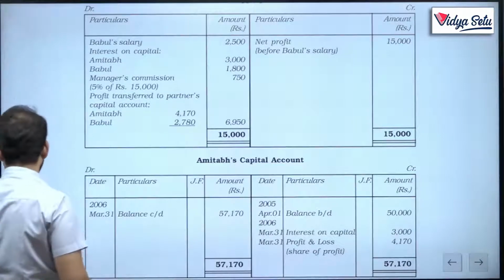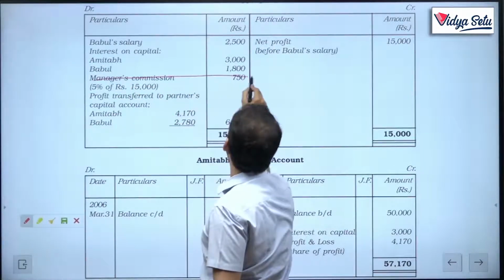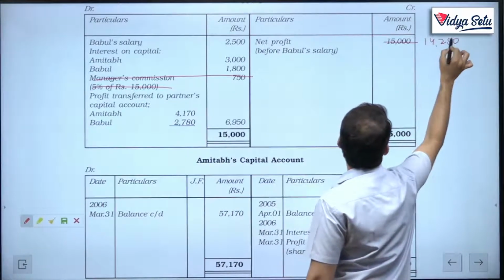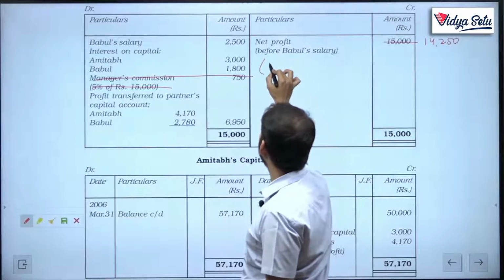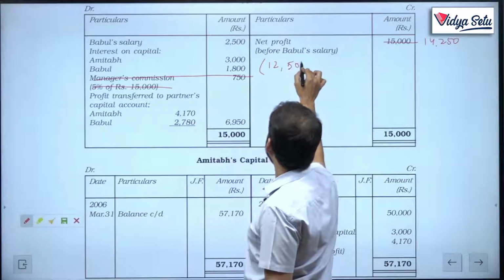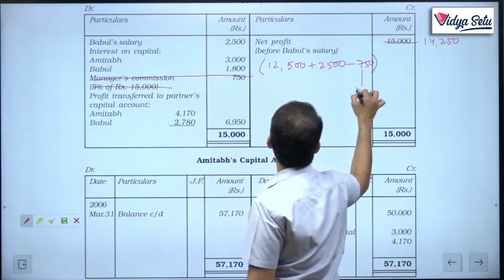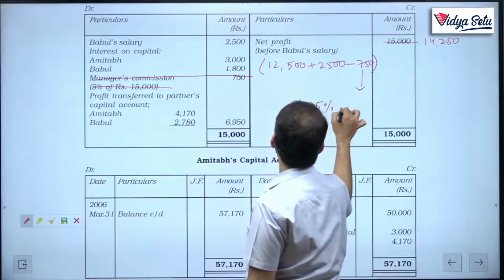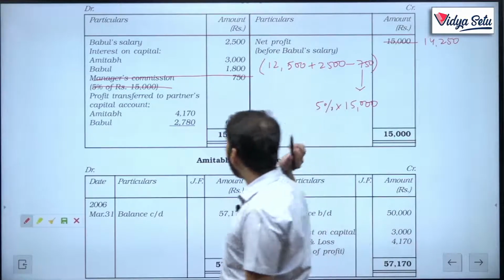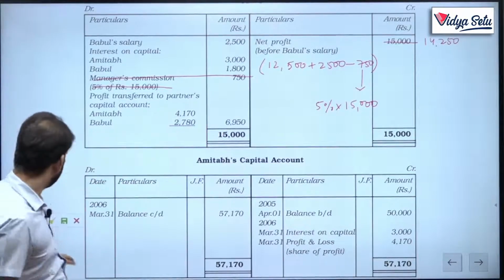This commission, I told you, will not come here; that was the entire reason we subtracted it from here and also from here. And we showed the calculation: 12,500 plus 2,500 minus 750. And how did this 750 come? 5% of 15,000. Got it? The answer will be exactly the same, guys. It will be 6,950, which will be divided the same way.